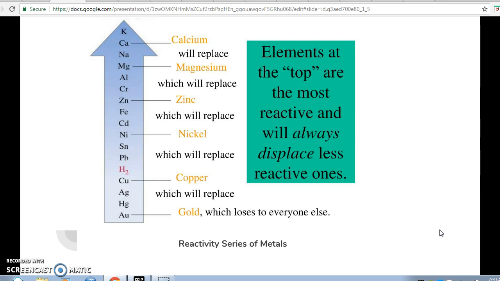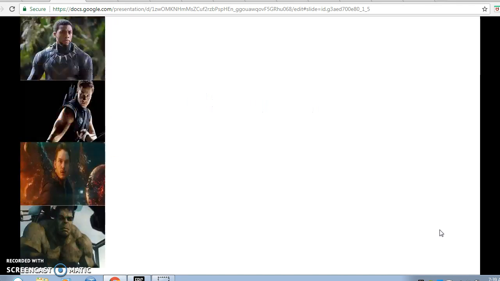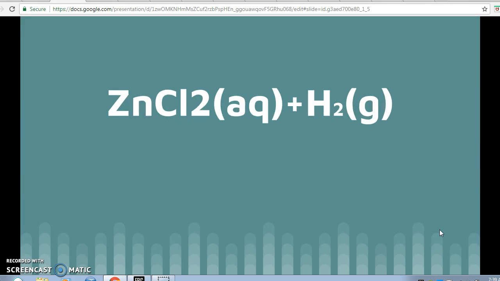We see that zinc is at number 7 to the top, and we can see hydrogen is at number 5 from the bottom, which means that zinc is more attractive than hydrogen, which is acting as the metal right now, which means that zinc will be with chlorine and hydrogen will be by itself, and that's your new equation.